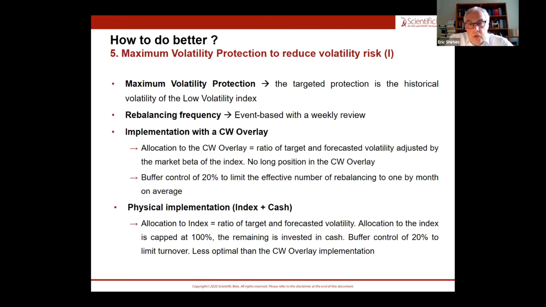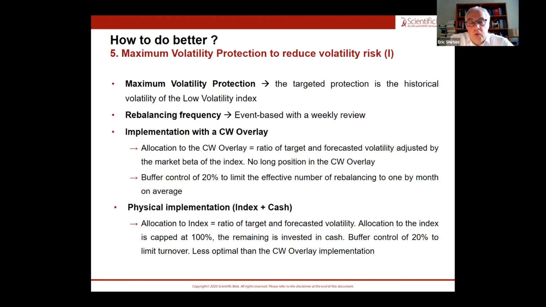And the way we're going to do that is by targeting the historical volatility of our low volatility index. So the idea is to make it less susceptible to sudden rises in volatility. What we want to do is try to ensure we have a volatility which is close to the historical average volatility of the defensive strategy.